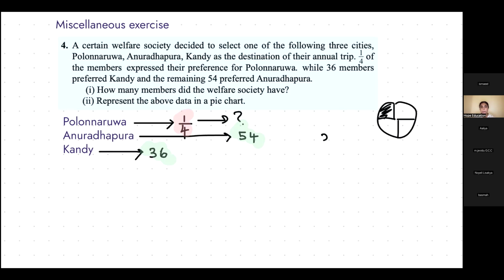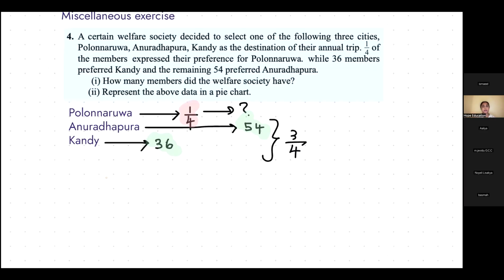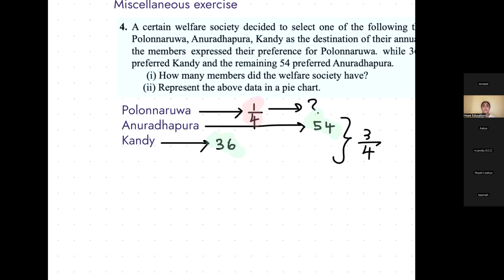Polonnaruwa has a fraction of 1/4, so Anuradhapura and Kandy should be the remaining 3/4. Is that clear to all of you? Give me a thumbs up. Others, I'll ask step by step. Alia, Basma, Ismail, Kushit, Shanaz, Shweta, did you understand that?